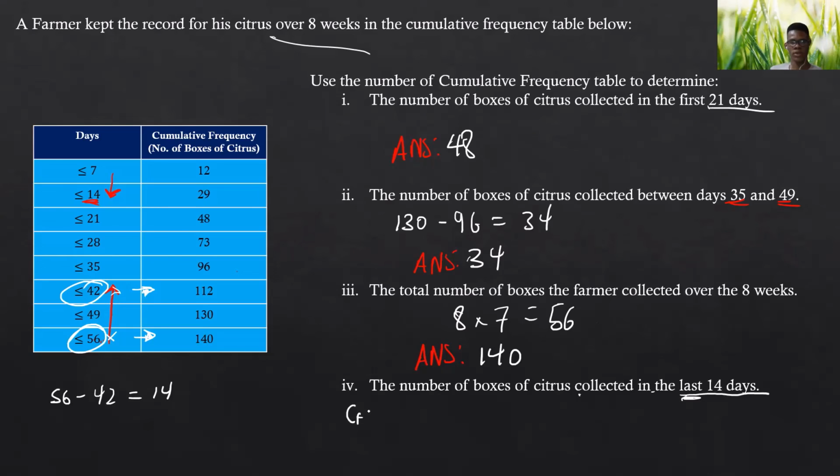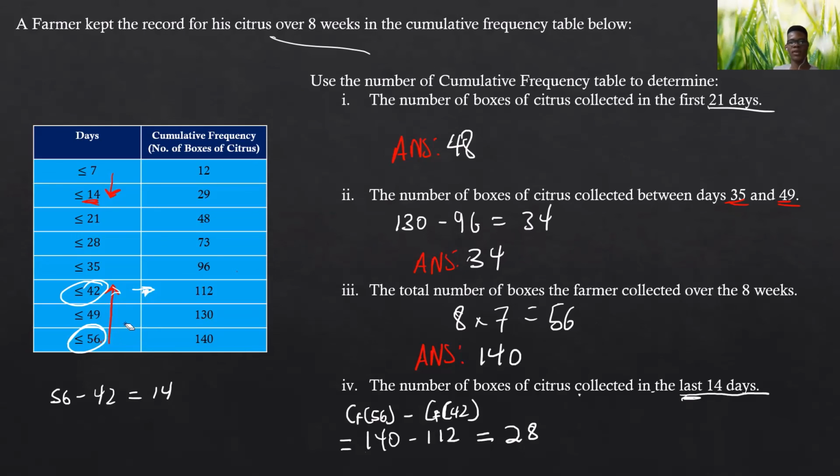The cumulative frequency for 56 subtracted by the cumulative frequency for 42. 140 minus 112. What would this answer be? So the total of boxes would be 28.